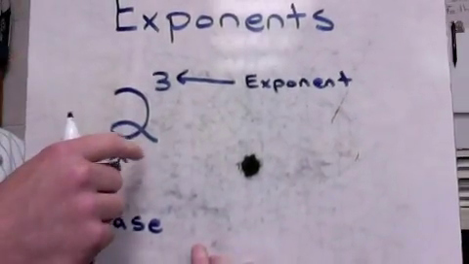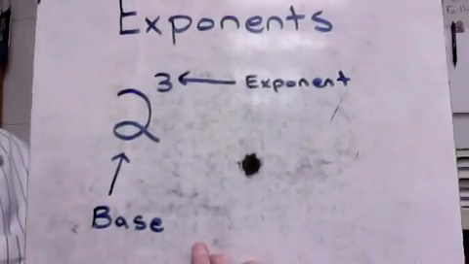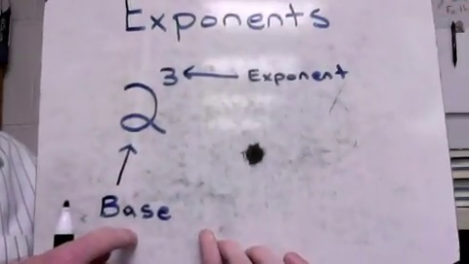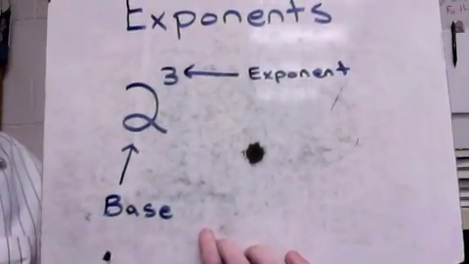An exponent, this is what you're going to see, something like this. Okay, and there's two parts to this. The big number here is called the base, while the smaller number is called the exponent.